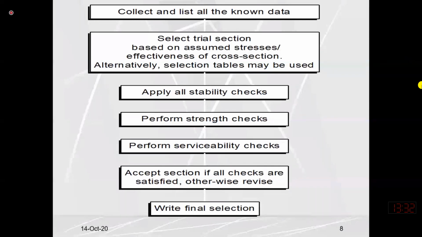It means that the size of the cross section, thickness of web, height of the web, thickness of the flange, and width of the flange are all standardized and given by AISC.